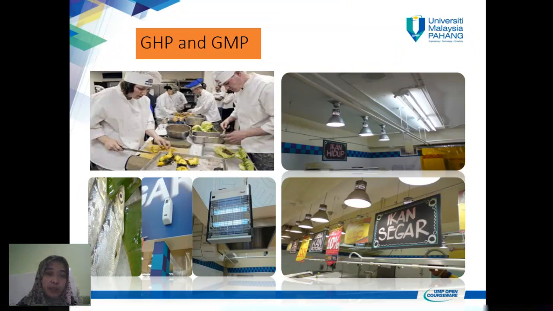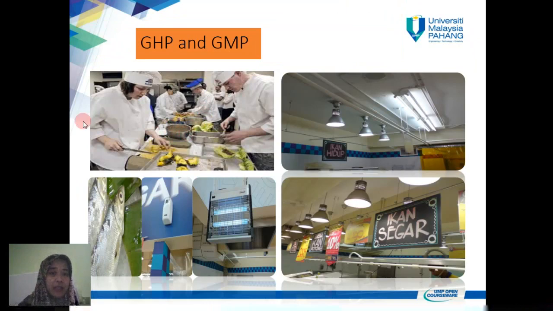Okay, so the following figures show good GMP as well as GHP. On the first figure, with the cursor, it shows the GHP as well as the GMP.